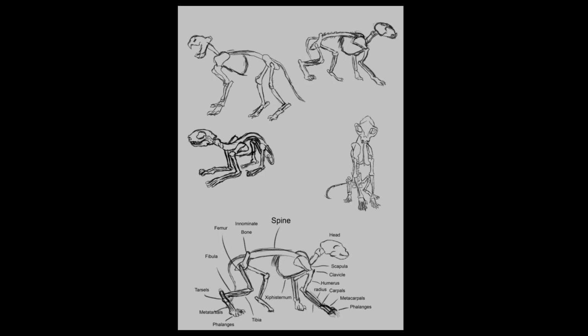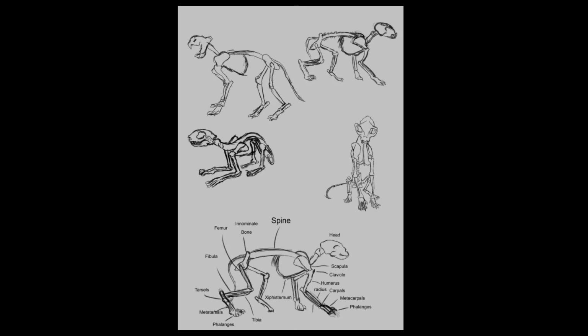I won't remember all those names, but some of them, obviously the phalanges has always stuck with me. So that's pretty simple. I mean, humans, we have phalanges, so that's pretty simple. And some of these bones, like the fibula, the tibia, the femur, the humerus, the radius, carpals.